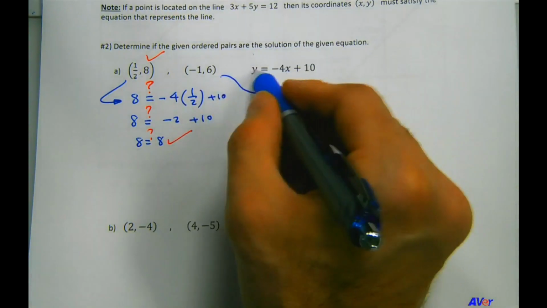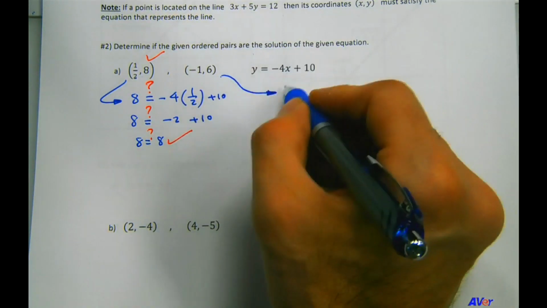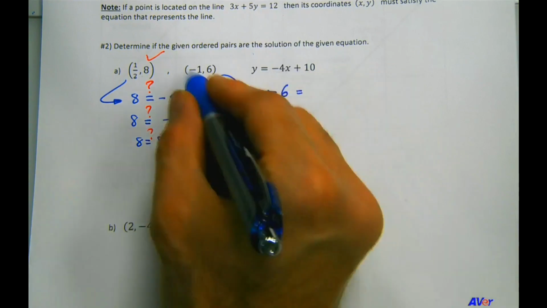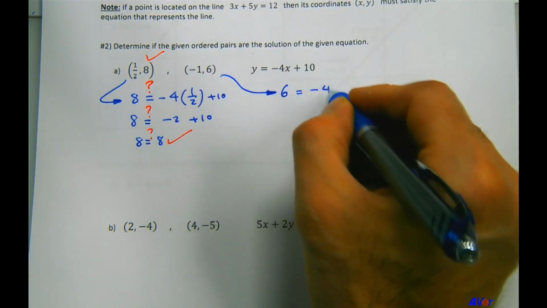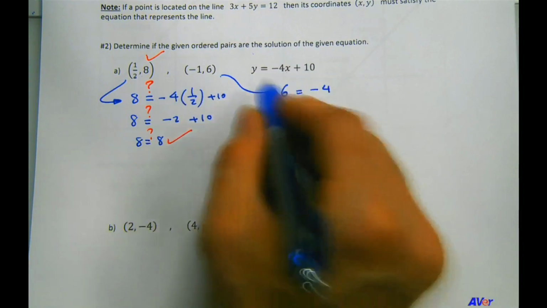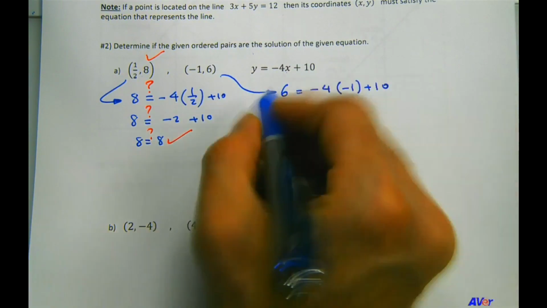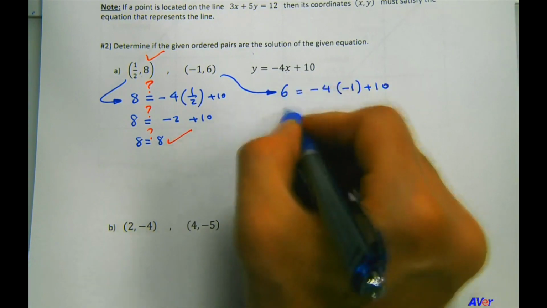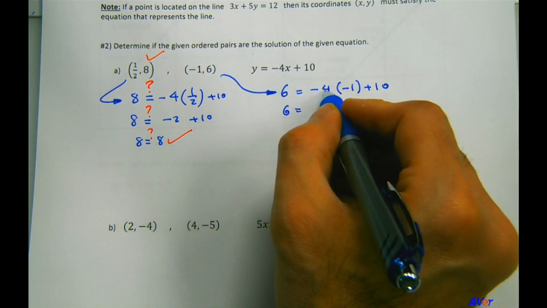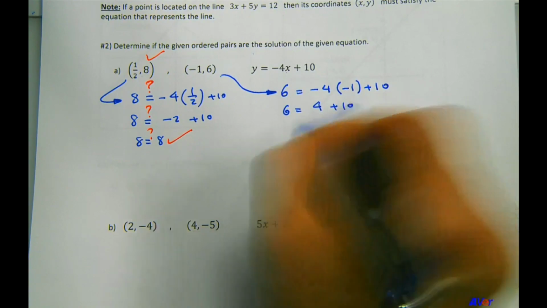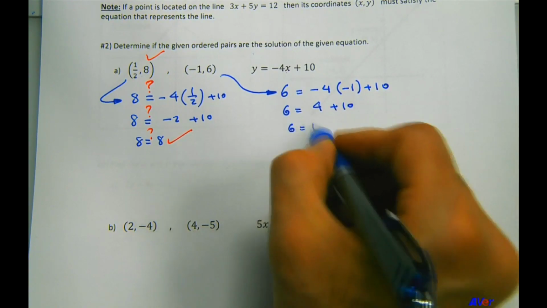Once again, we substitute for y with 6, and we substitute for x with -1. -4 times -1 plus 10. Right? So 6 minus 4 times -1, +4 plus 10. 6 equals 14.